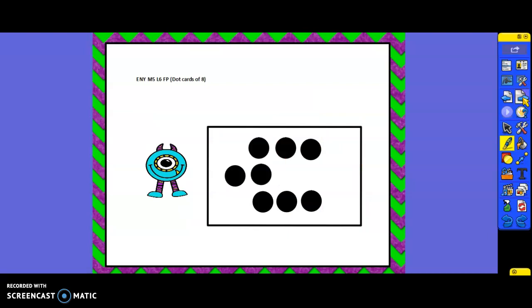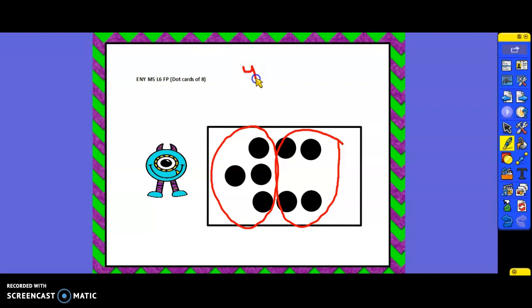Let's try this one together. Think about your parts. Very good. Now this time Miss Knockan saw 8 a little differently. I saw 4 and 4. This time I saw 8 as 4 and 4.